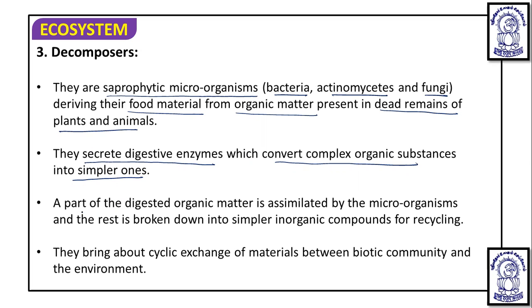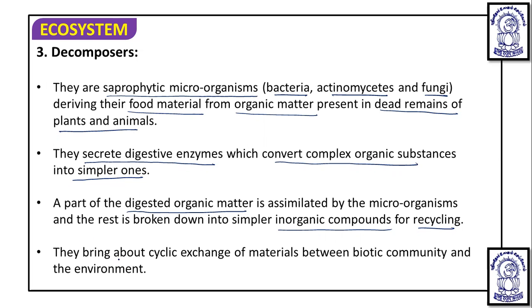Now, a part of the digested organic matter is assimilated by the microorganisms. Whatever organic matter has been digested and converted into simple organic matter is absorbed and assimilated by the microorganisms, and the rest is broken down into simple inorganic compounds for recycling.